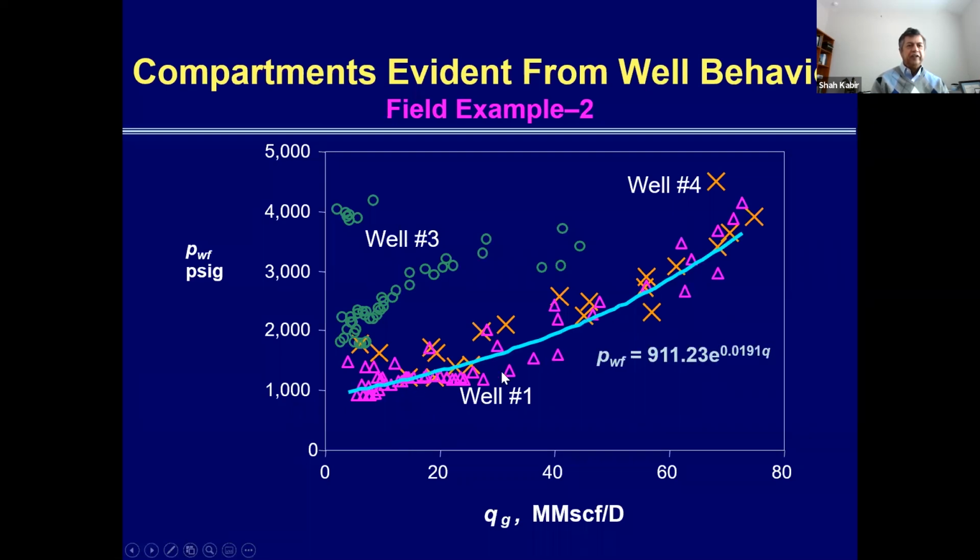If you do the fitting, you see the exponential fit. But well 3 is this, and because of the signature, it's saying that it's depleting too fast. Meaning, if you want to drill a well, it should not be in this compartment. It's smaller than this one, where these two wells reside.